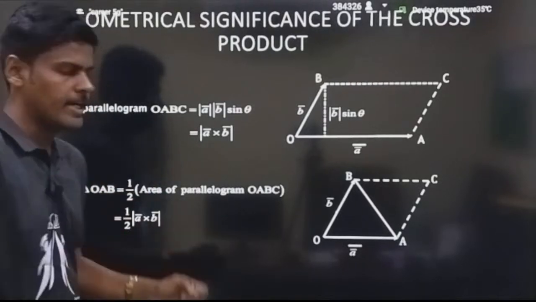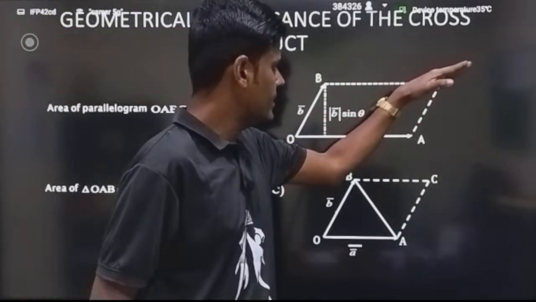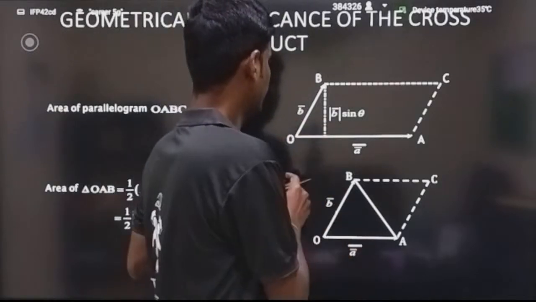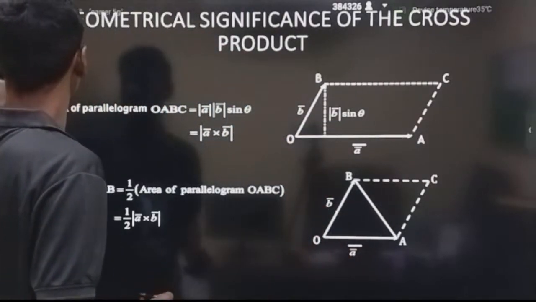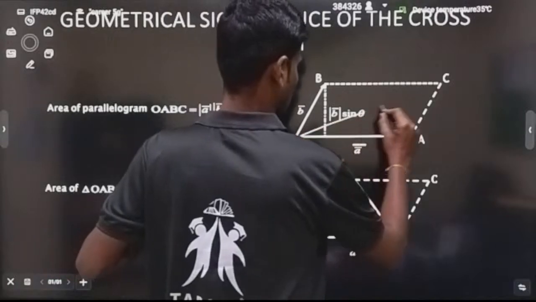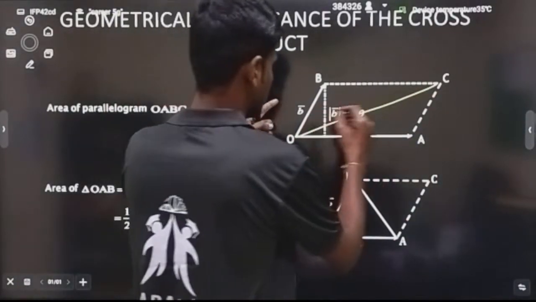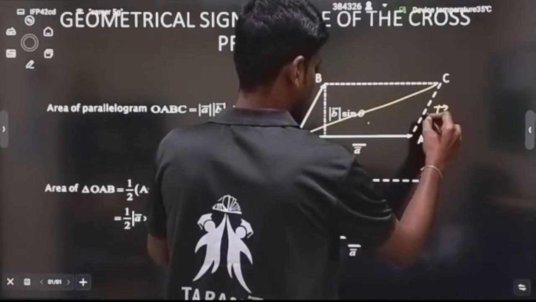And for finding the area of a triangle, if we divide the parallelogram, then obviously these two areas will be the same, and this vector is also b vector.